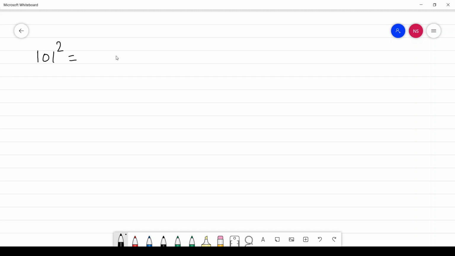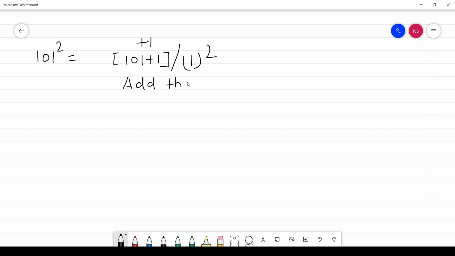This is higher than 100 by 1, that is plus 1. So you just need to add that surplus to the number itself and take the square of the surplus you have added. That is what you are doing.